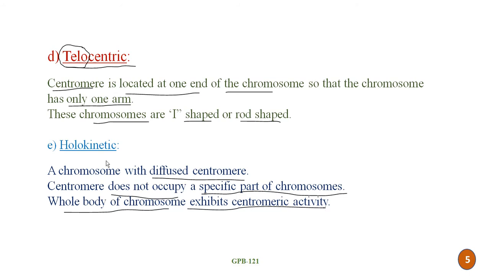So this chromosome doesn't have a specific location of the centromere, but the whole body of the chromosome exhibits the centromeric activity, and this chromosome is called holokinetic. So the chromosome with a diffuse centromere is called a holokinetic chromosome. So these are the 5 types on the basis of position of centromere.